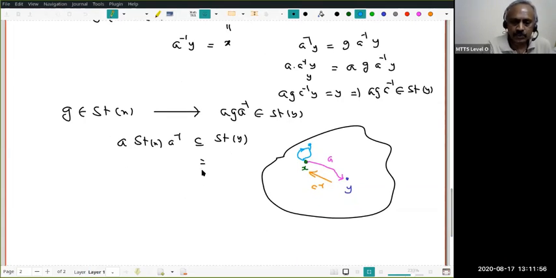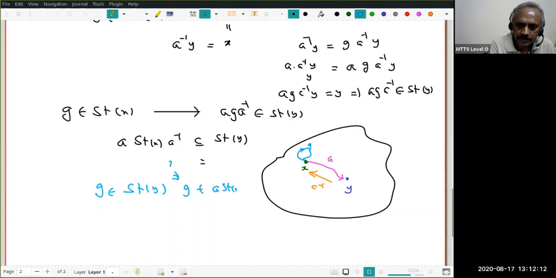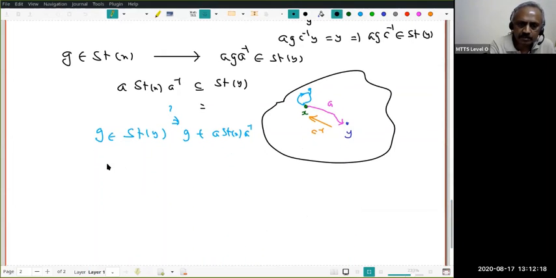Okay. Now, what is the next one? I want to prove they are equal. What does that mean? If you give me any G in the stabilizer of Y, I want to say G belongs to A stabilizer of X A inverse. This is what I want to prove. But that's very easy. What does that mean?